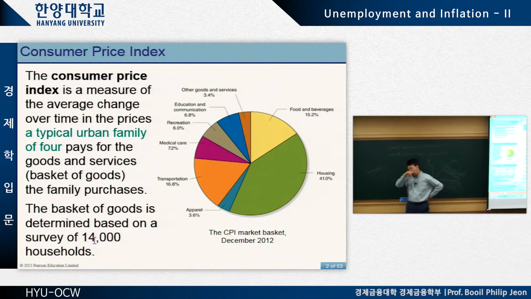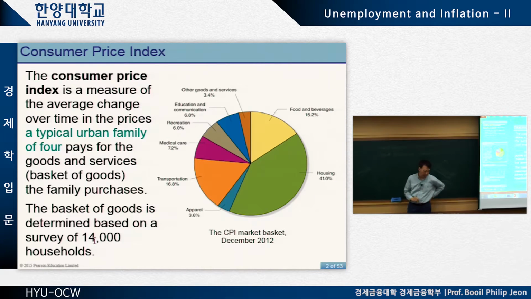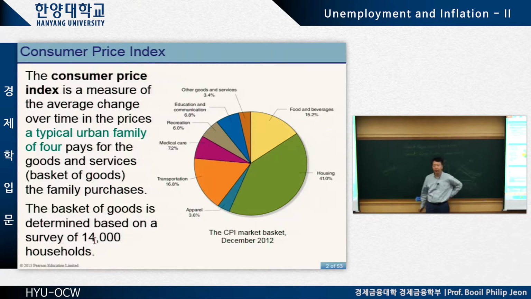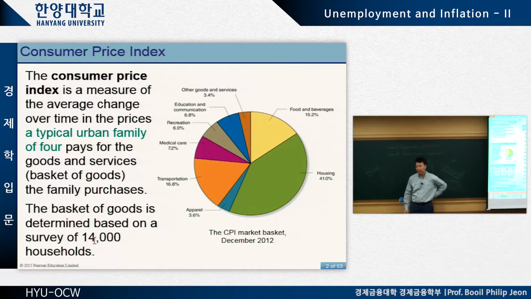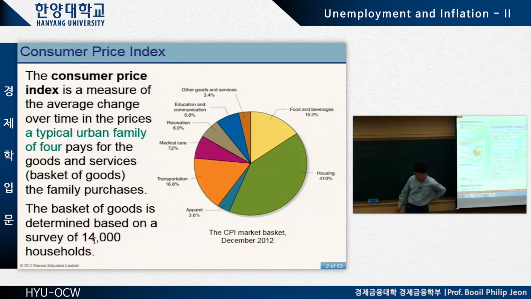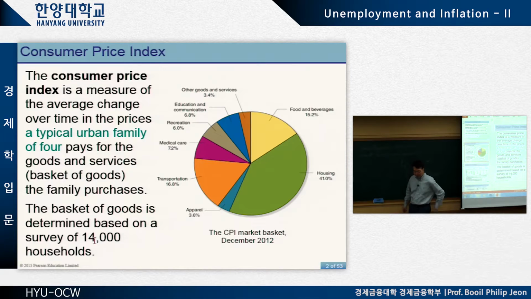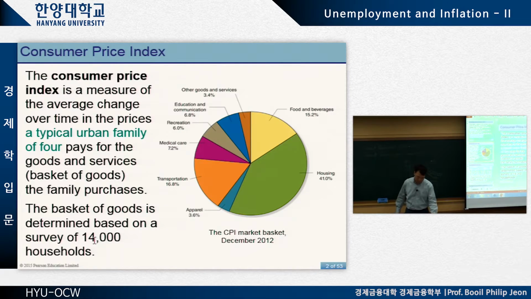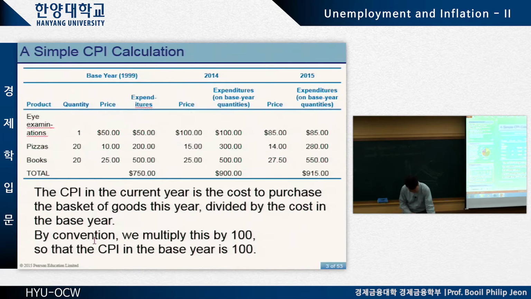And then they multiply the price of each item and add them up. So that's going to be the total cost of living for this family. So what's the cost of living for an average family? Here is an example.